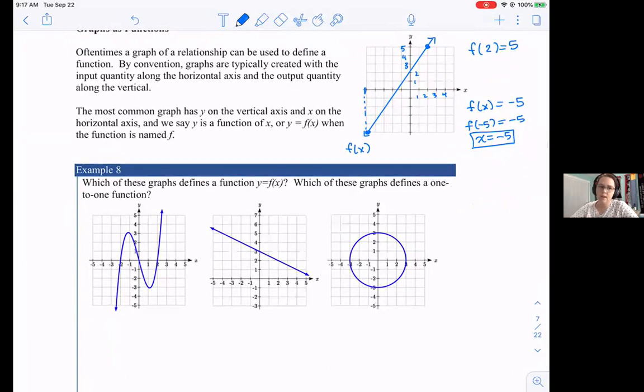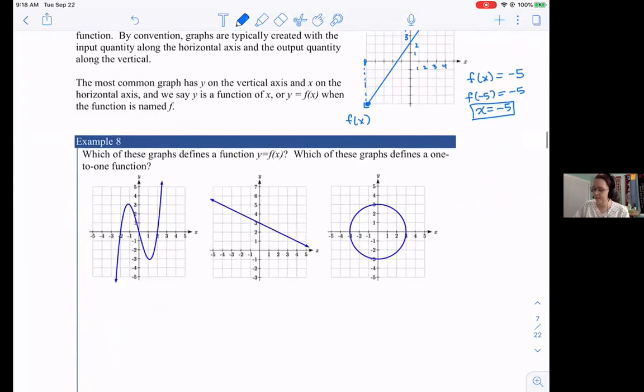All right. Looking at these graphs, we're asked to determine which one of these are functions and which ones are one-to-one. So that first one, is it a function? Do any inputs have multiple outputs? That would be what would stop it from being a function. Mac, your answer's a little confusing to me because it's like, what are you answering in each one of those? This first one is a function. All inputs have only one output.